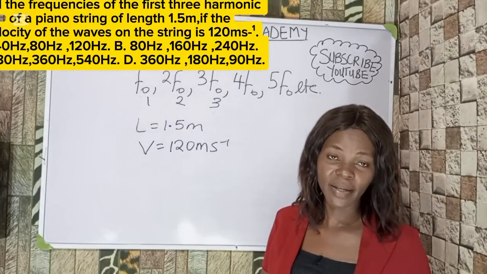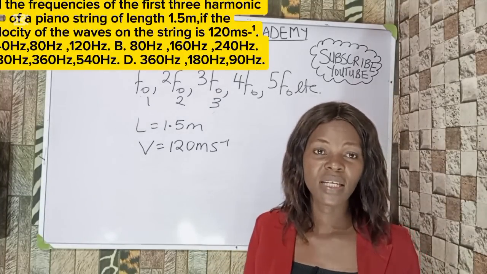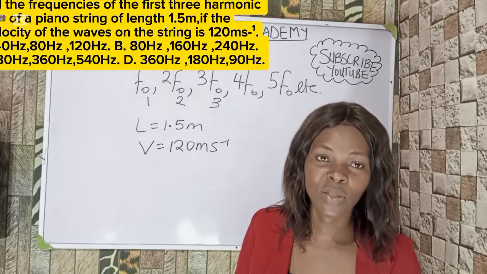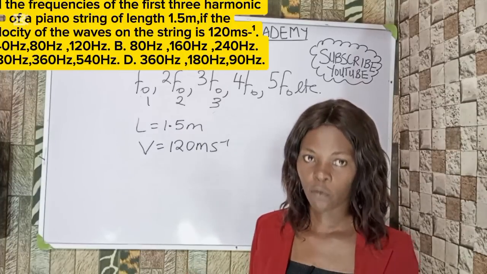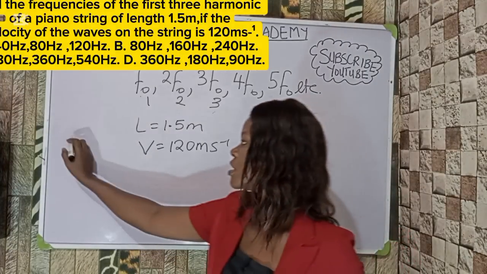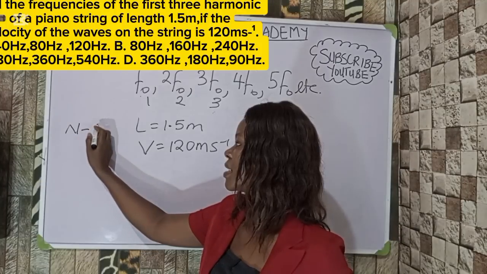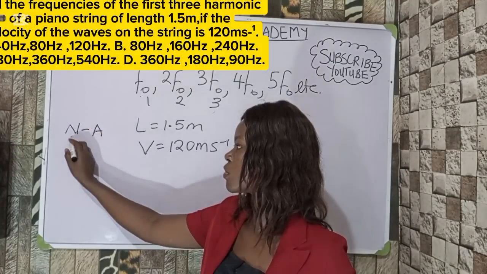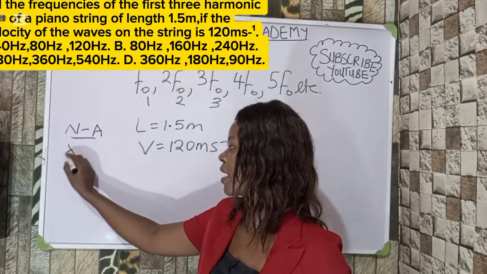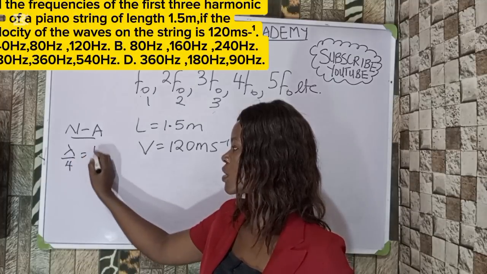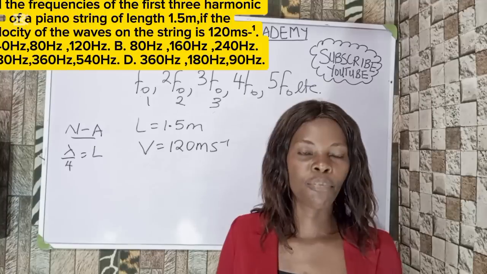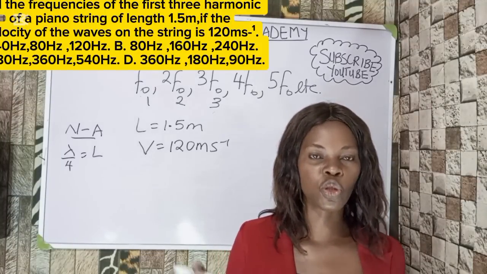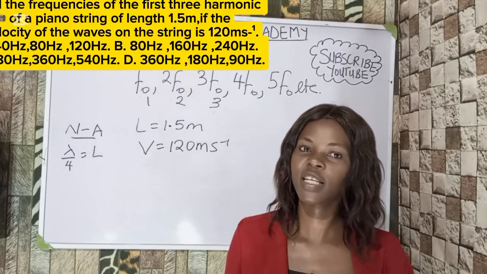Okay, so remember that the distance between a node and an antinode is lambda over 4. Now we have a node and we have an antinode. The distance is lambda over 4, which is L. But in an open pipe we are dealing with a node and another node, two adjacent nodes.